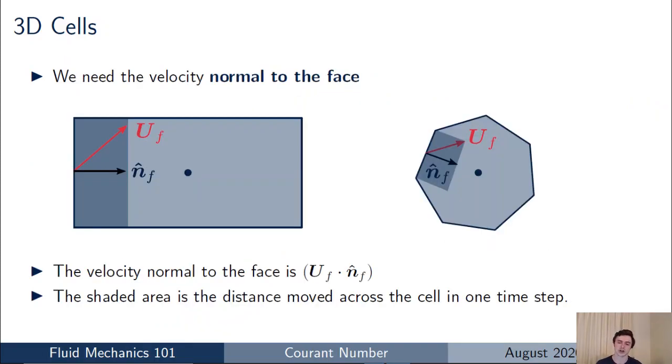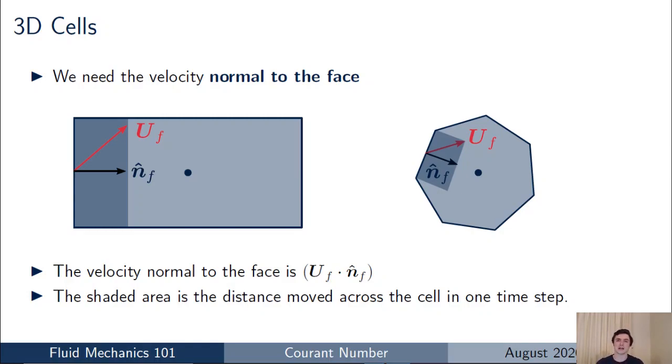The next thing we need to do is think about each of the faces that make up that cell individually. What we need from these faces is the velocity normal to the face. If you look at the diagram on the left of the slide, this is the same cell we looked at the start of the talk, but now we're in 3D, and the velocity doesn't have to be normal to the face.